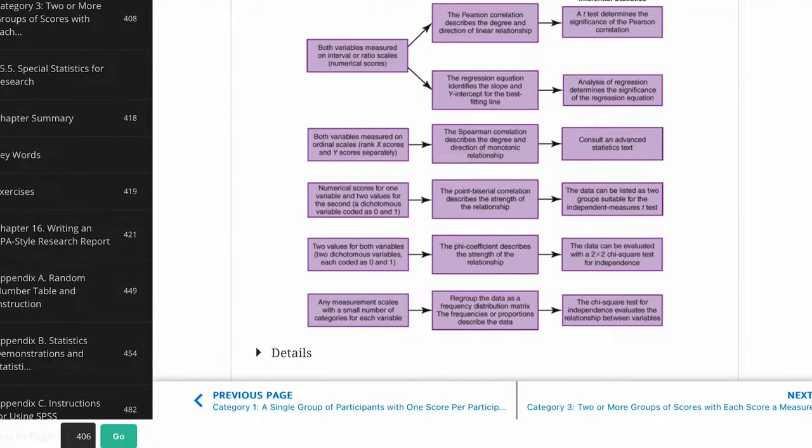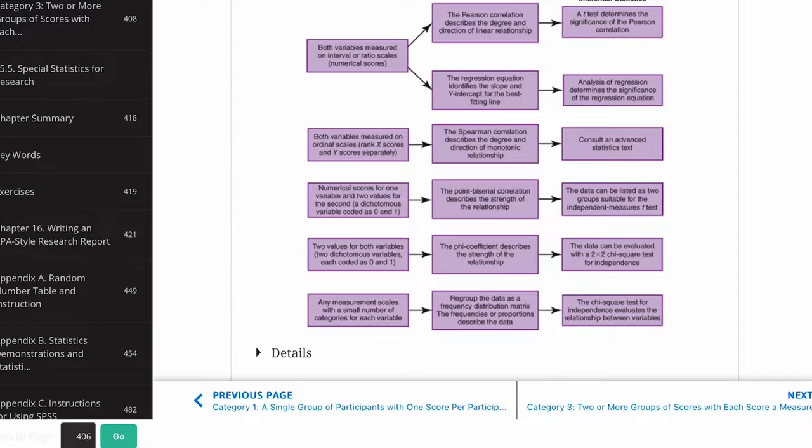If both variables are measured with numerical scores, that's the first box, and you can move on to either the Pearson correlation or the regression equation for descriptive statistics. If both variables are measured on ordinal scales, they're both ranked, then you use the Spearman correlation.